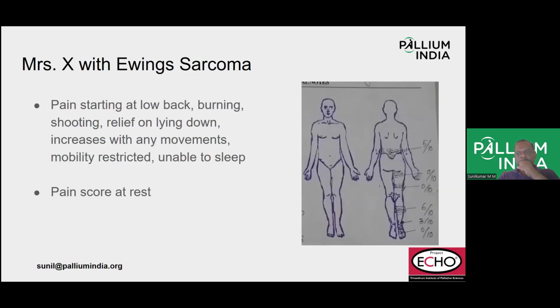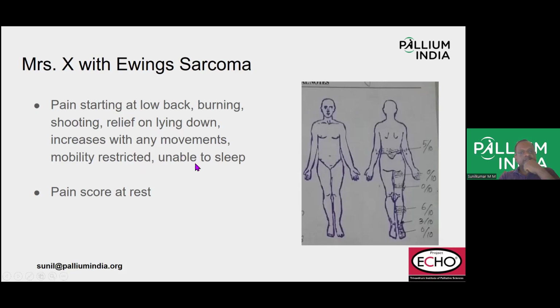So this is the pain pattern she is describing. You can see the pain is on the right leg and on the back also. Even though this is marked as patchy, I believe these are the main areas where she feels more pain. Her description about the pain is that it starts at the low back, and then it radiates to the right leg.